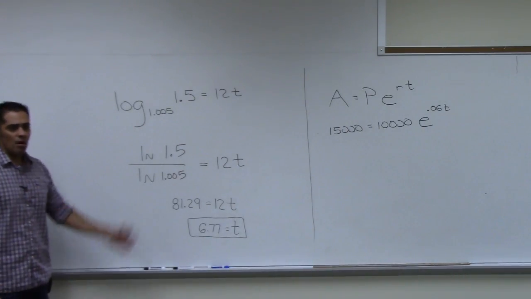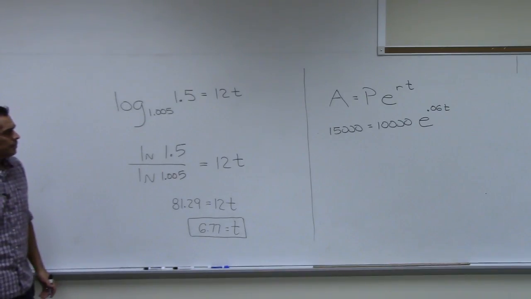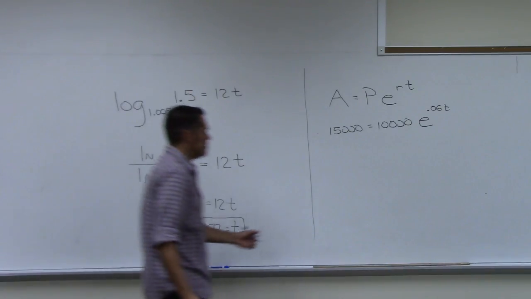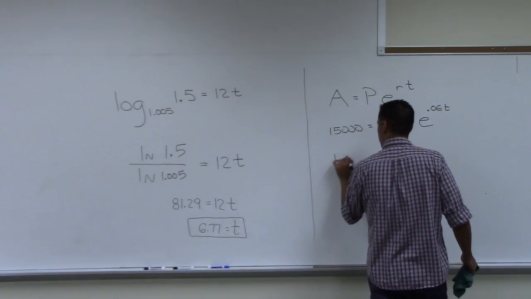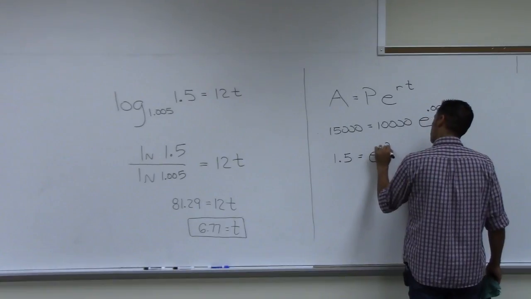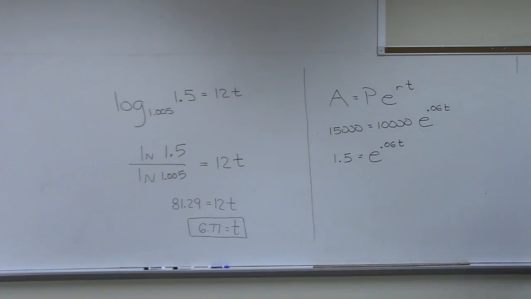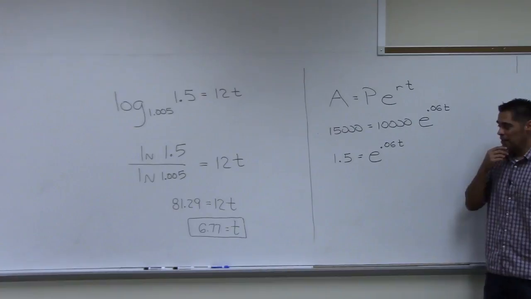We still have to solve for t though, right? So what would be my first step? Divide by 10,000. That's going to be the same. 1.5 equals e to the 0.06t. And now, this part's kind of interesting because I'm curious to know what you're going to do here.